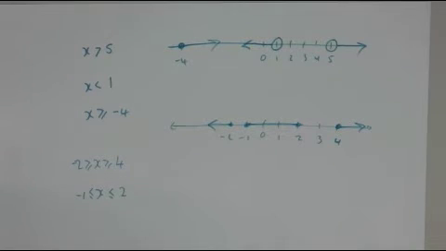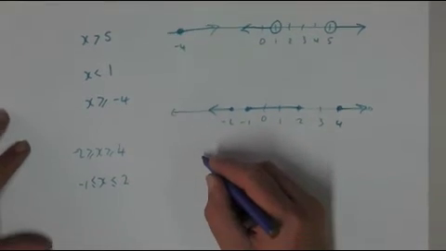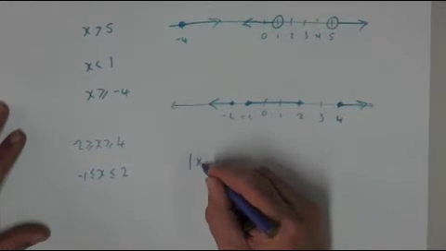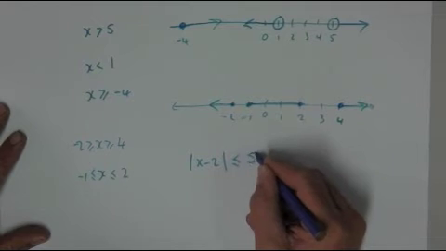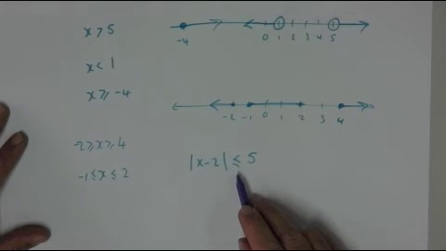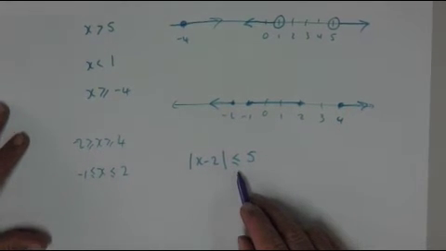I can use inequalities then to help me solve equations or questions involving absolute value signs. If I had x take 2 is less than or equal to 5, this is very similar to the one we first started with, where we had it was equal to 5, but here we've got less than or equal to 5.